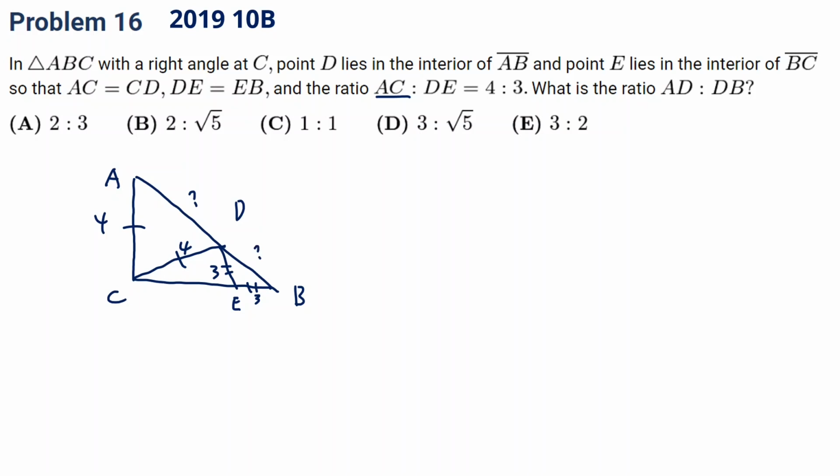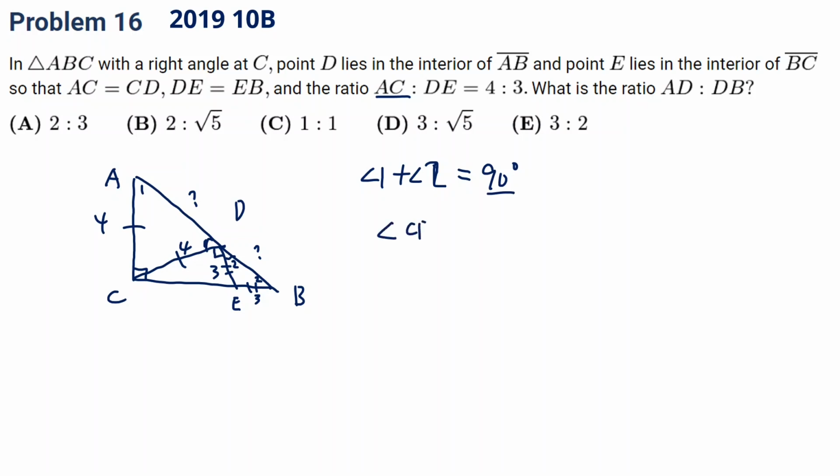So let's just assume this is 4 and 3, and we know this is a right angle. This angle 1 equals this angle 1, and this angle 2 equals this angle 2. We know angle 1 plus angle 2 is 90 degrees, which means this is actually a right angle.